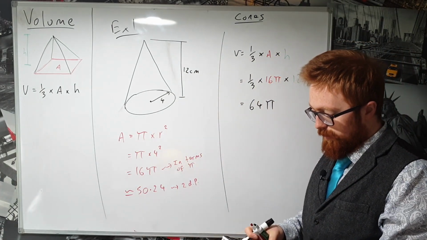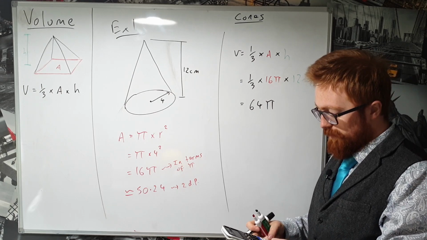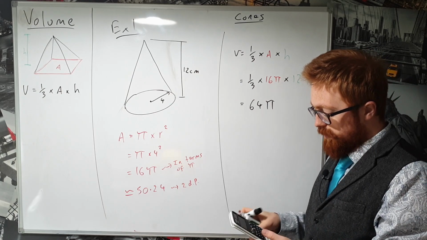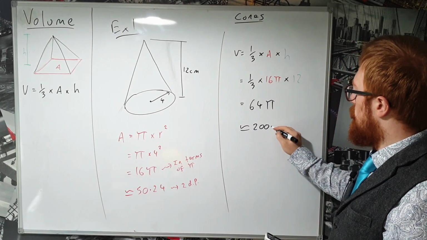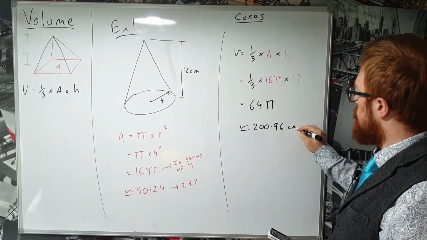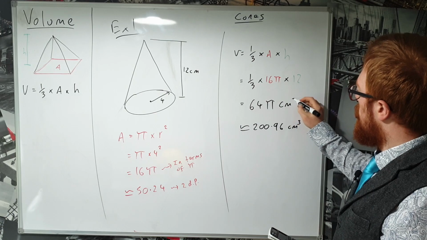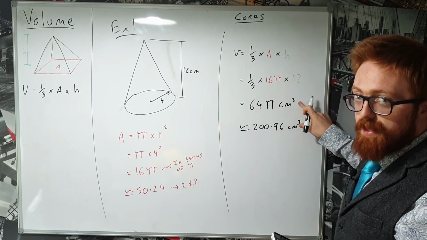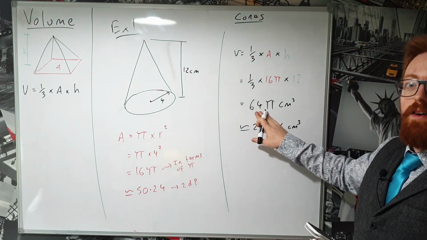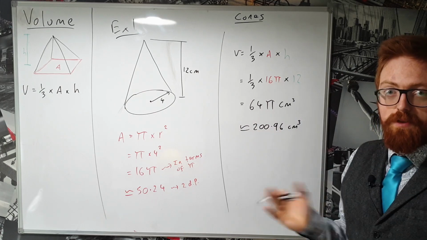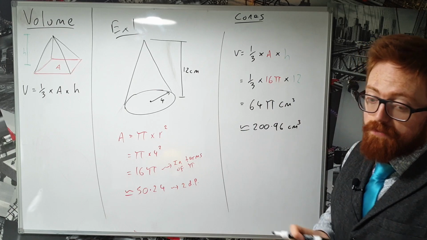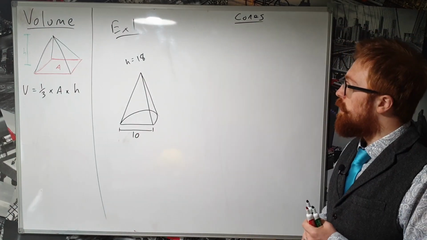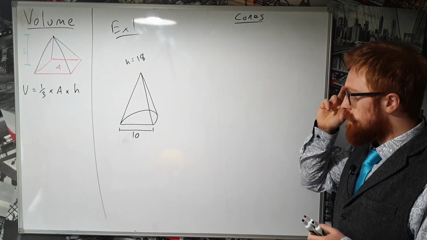If we wanted to work out an approximation, 200.96 centimetres cubed. So again, either of these answers are fine. This one is your exact answer, and this one is your approximate answer. If you did do this at home and you managed to get one of these answers, well done, that's really good. Okay, so on to our next example now.